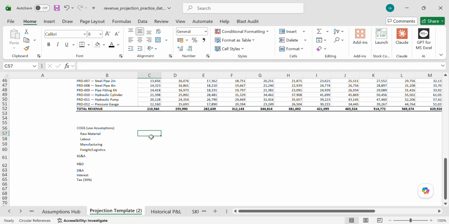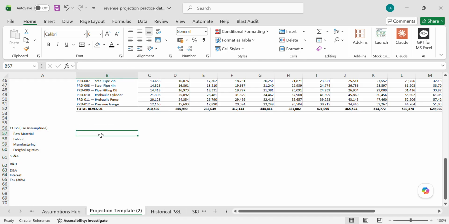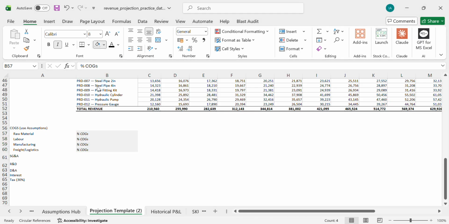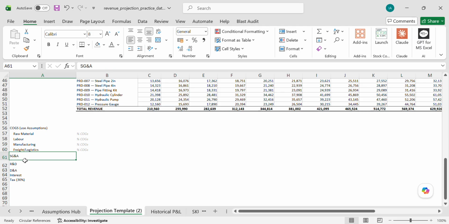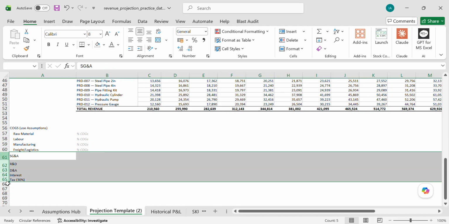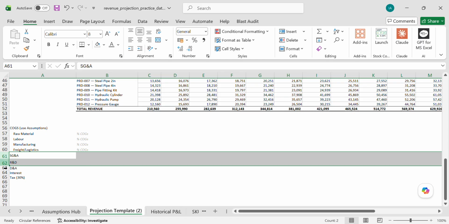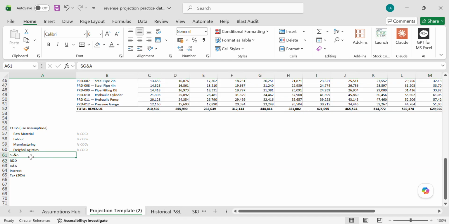This could be as a percentage. Let's put this one here. So this is as a percentage of COGS. Then this one is also a percentage.